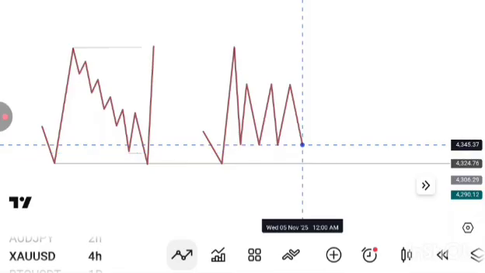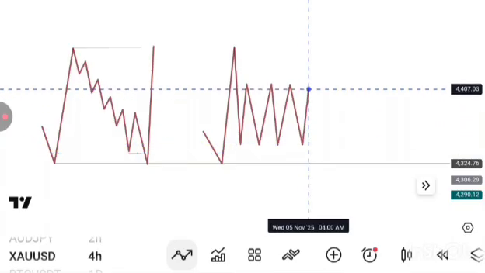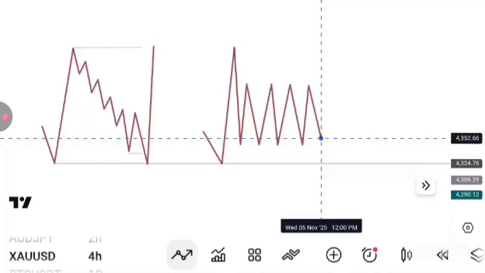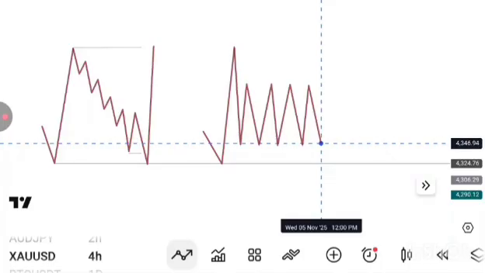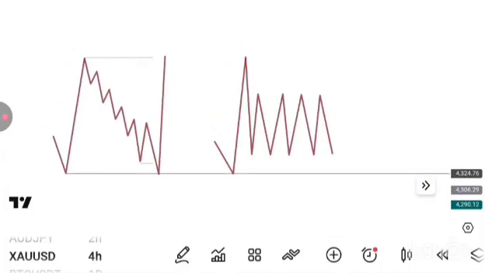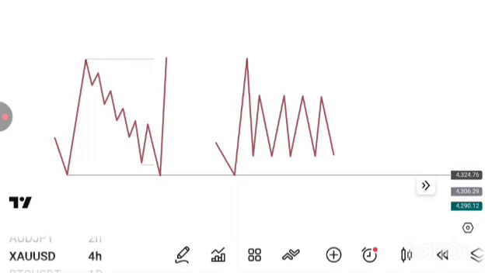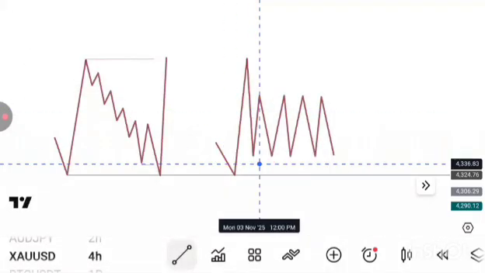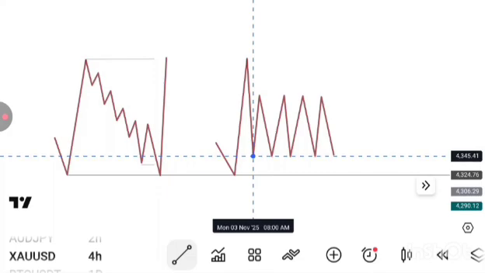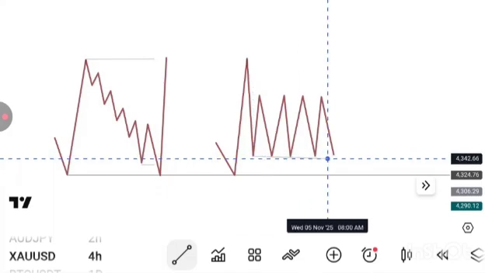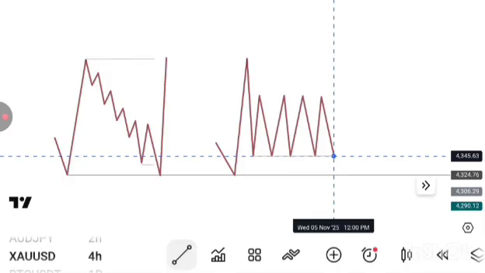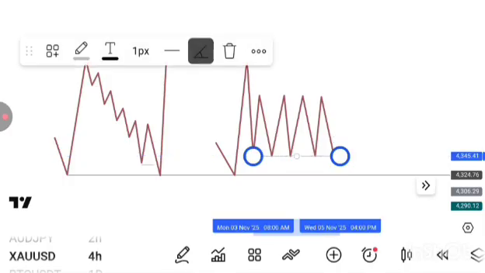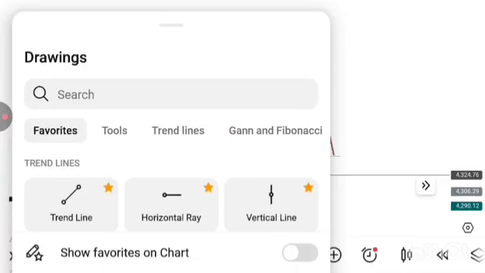So you see price ranging, right? There are two ways you could actually trade this particular range key level. If you watch my other videos, you see that I explained how you could trade these particular levels, right? Number one, you need to mark the range low and mark the range high also, right?